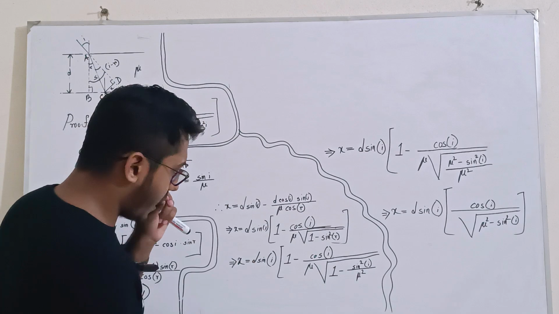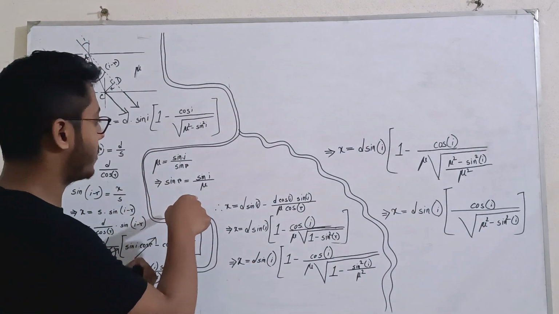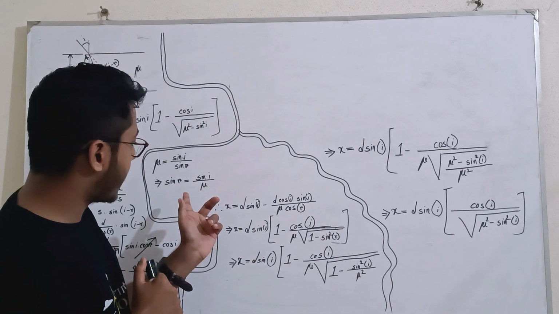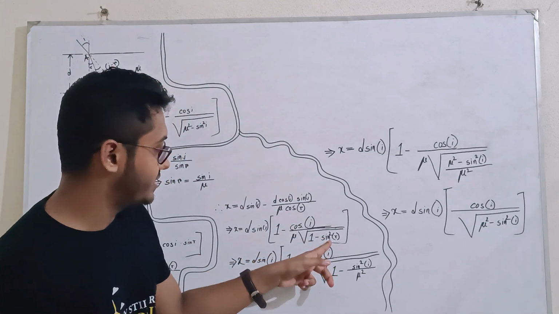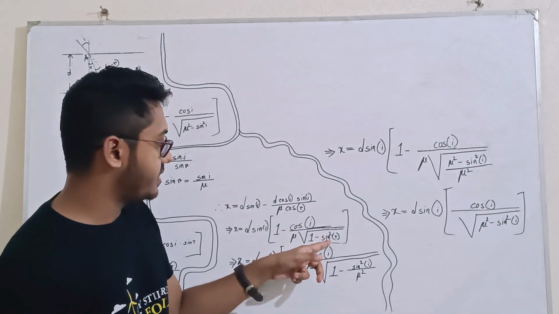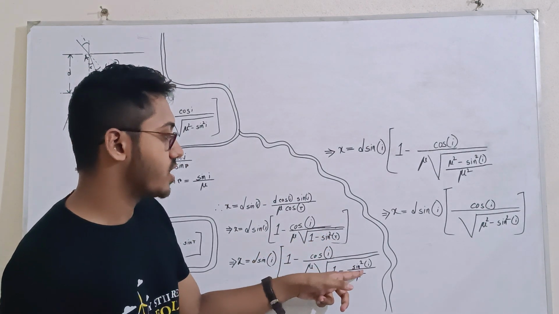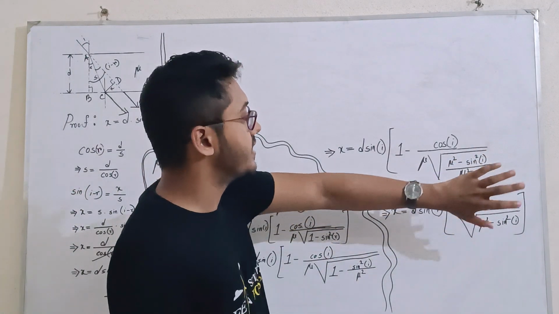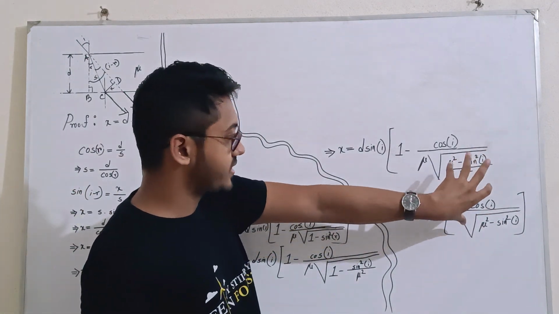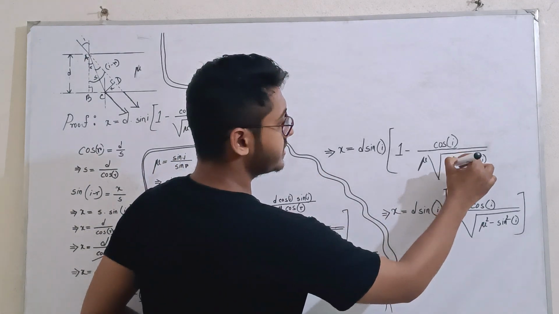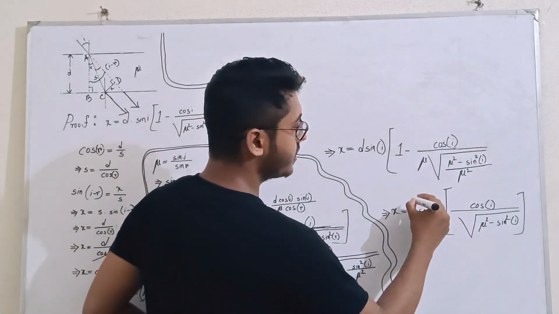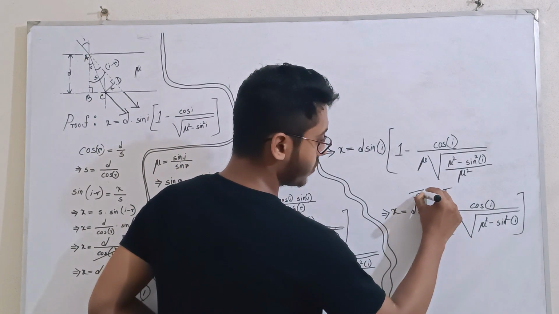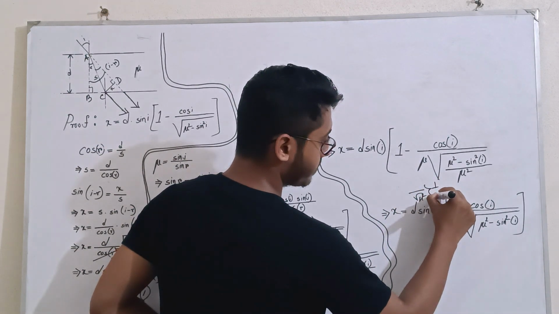Now for sine R, since we have already found that sine R is equal to sine I by nu, we can put the value of sine R into this equation and find that sine square R is equal to sine square I by nu square. Now if we take the LCM of this, since this nu is also under a root, root over nu square will eventually be 1 by nu.